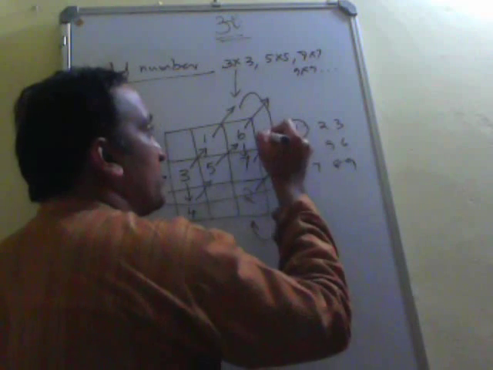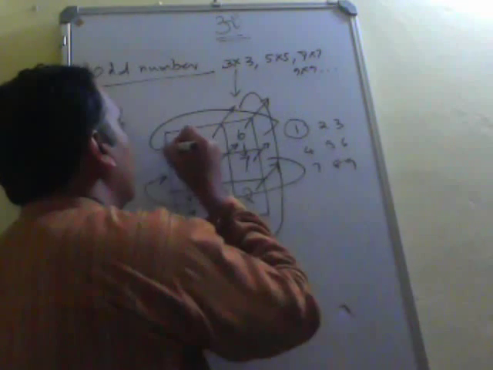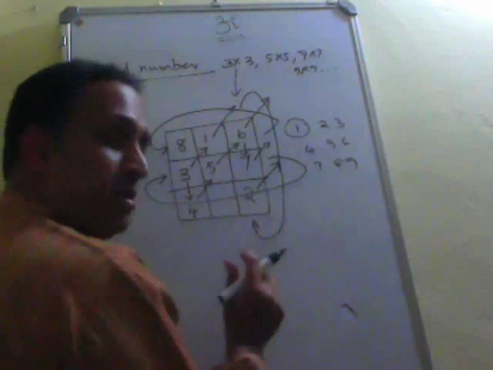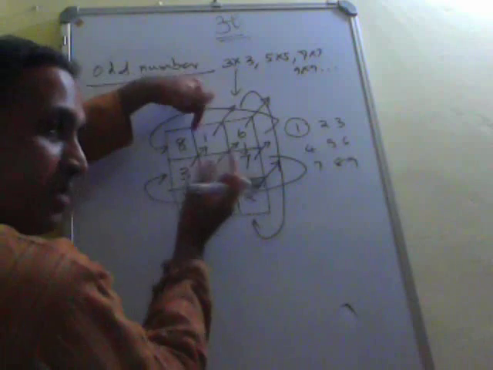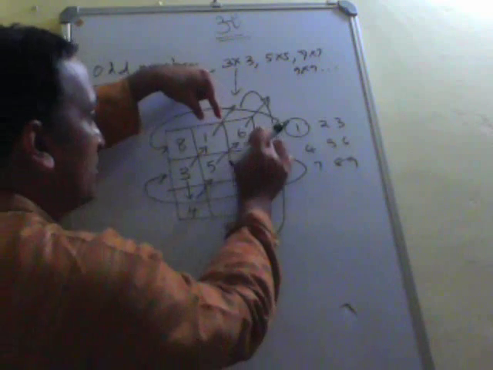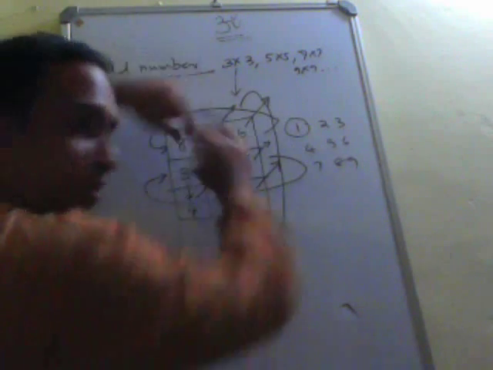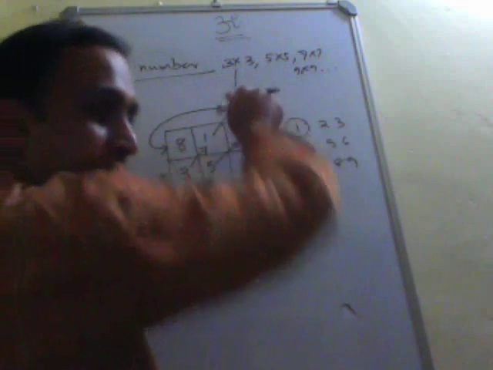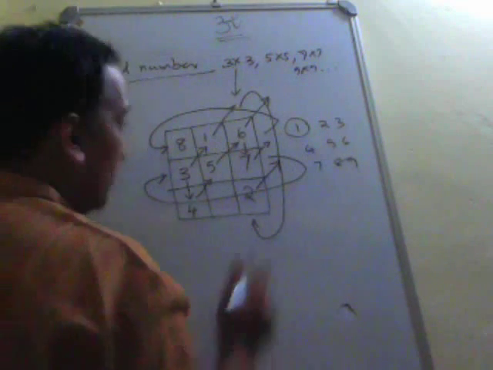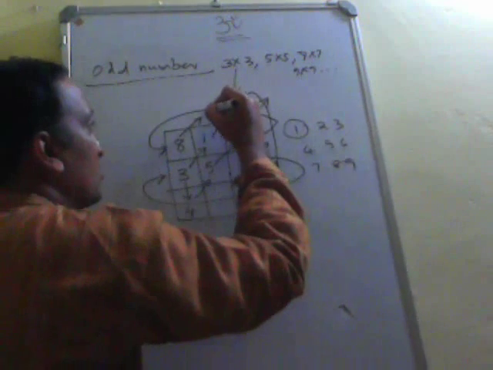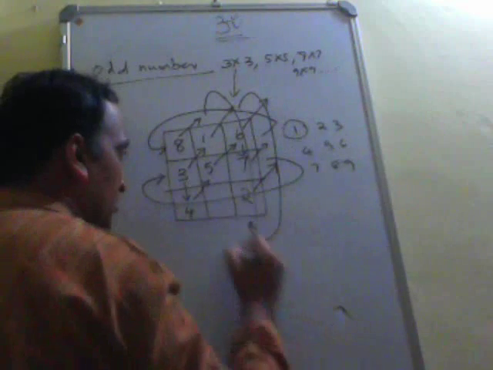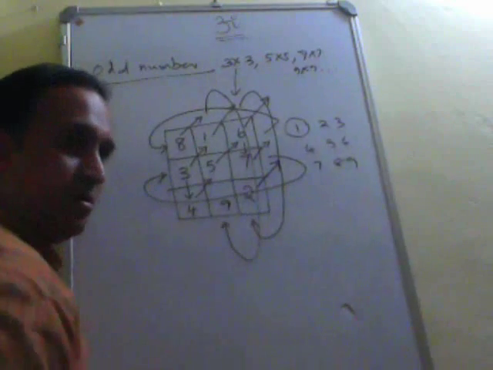When there is no space here, go and put 8. It's as though you are rotating a piece of paper, like a cylinder. After 8, what is the number? 9. Here there is no space, so you come down, 9.